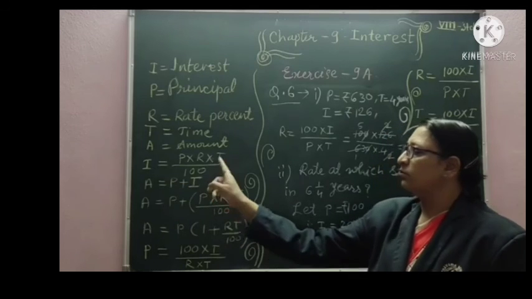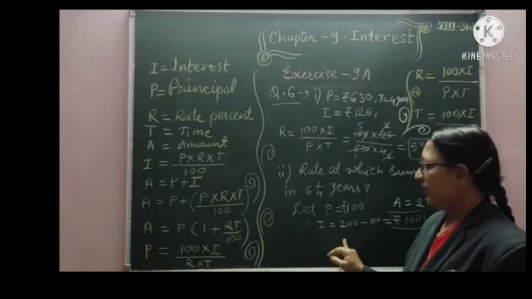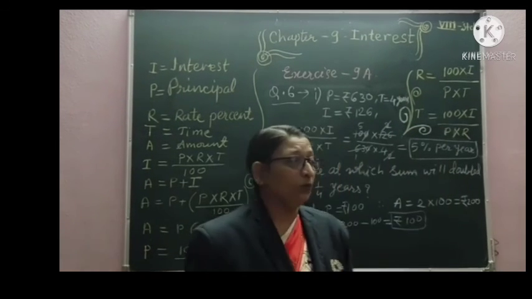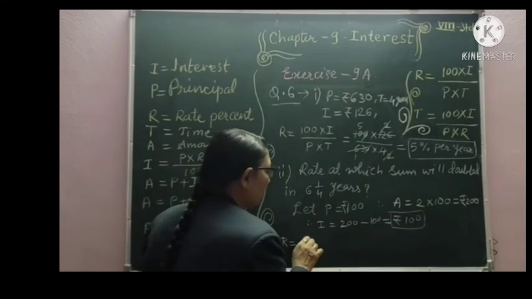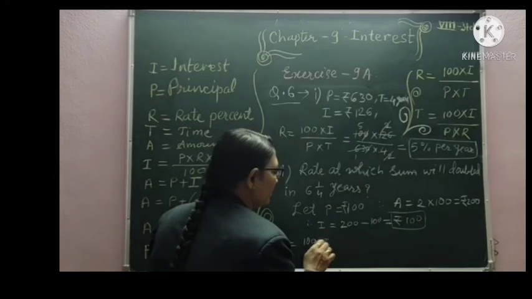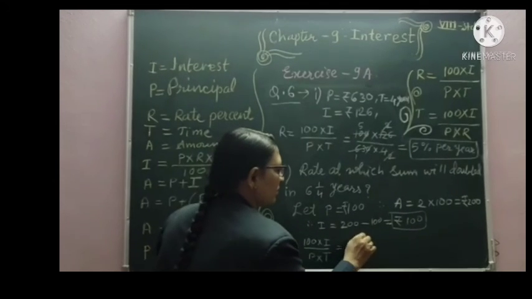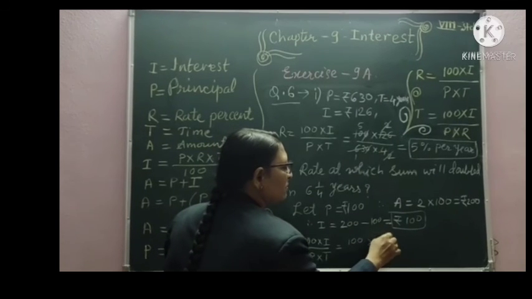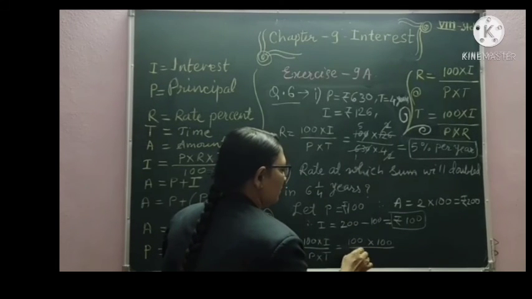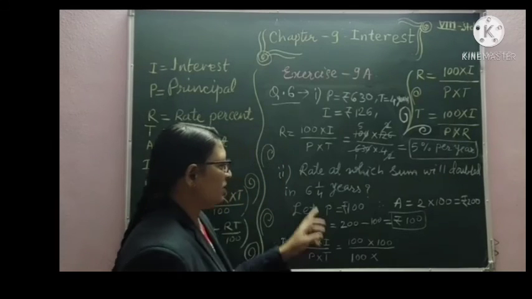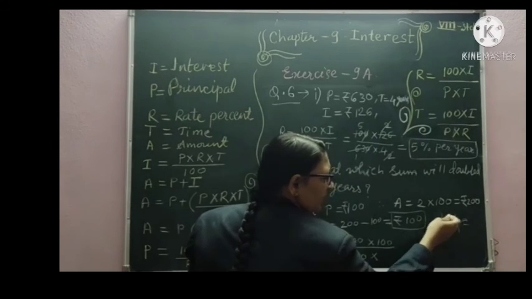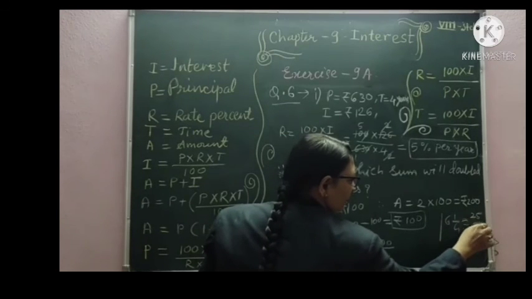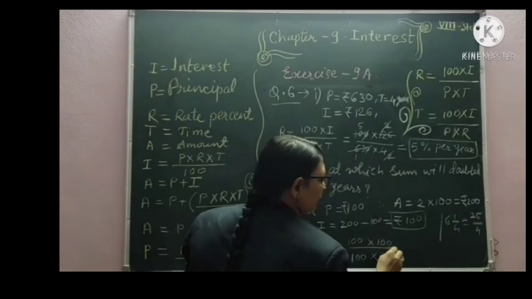Only this formula we have transposed. From that we can get interest. Now we have to find out the rate. Hence we will use again the formula of rate. Rate is equal to 100 multiplied by interest upon principal into time. Interest is 100 rupees upon principal is 100 rupees and time is 6 and 1/4. 6 and 1/4 means 6 fours are 24 plus 1, 25 upon 4.